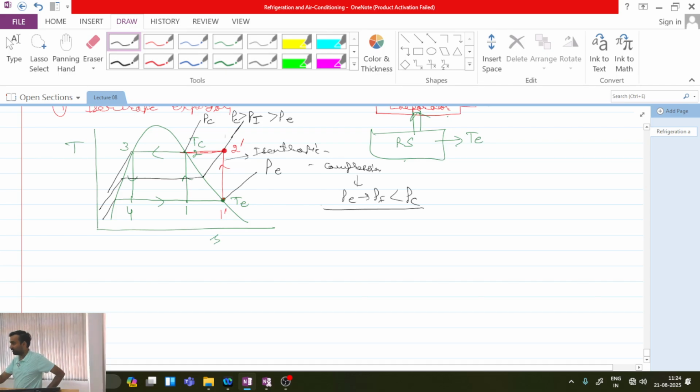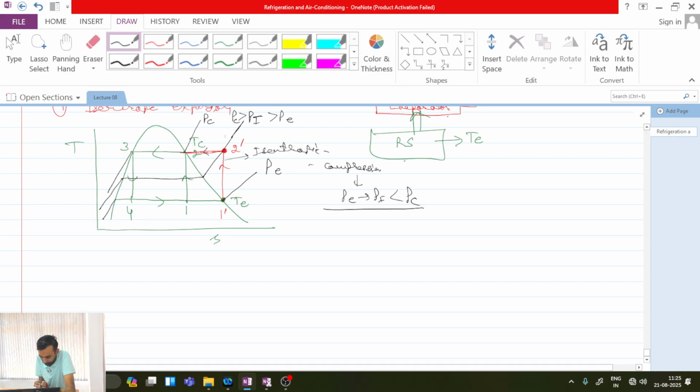Is this point clear? Now, if you see from 2 dash to 2, what is the process 2 dash to 2? It is an isothermal heat rejection process. It means I have to reject heat and parallelly the temperature should remain the same. And a third condition is also there. What is the third condition?